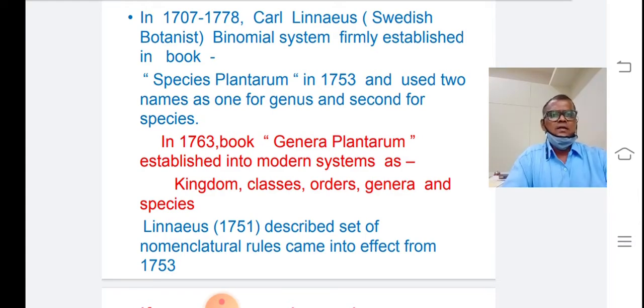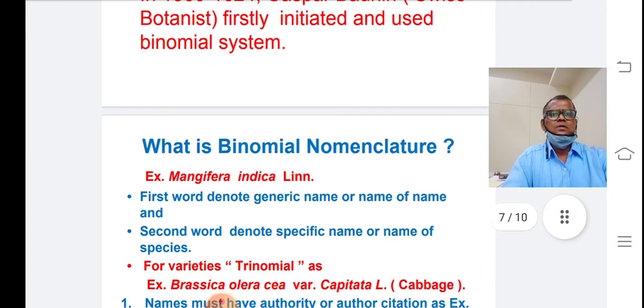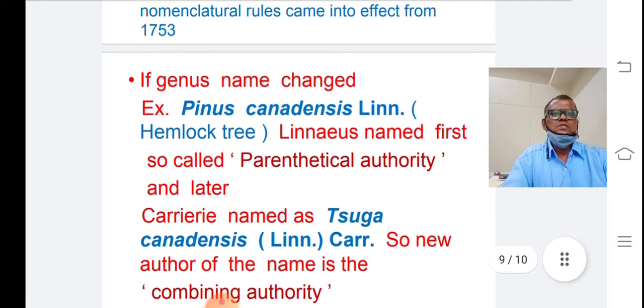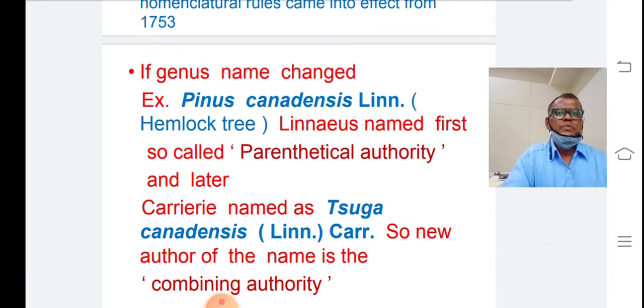Then secondly, if the genus name is changed, for example Pinus canadensis, actually Pinus is a gymnosperm, but it is a good example. The hemlock tree, Linnaeus named it first, the so-called parenthetical authority, the name of Linnaeus, and later Carr named it Tsuga canadensis.